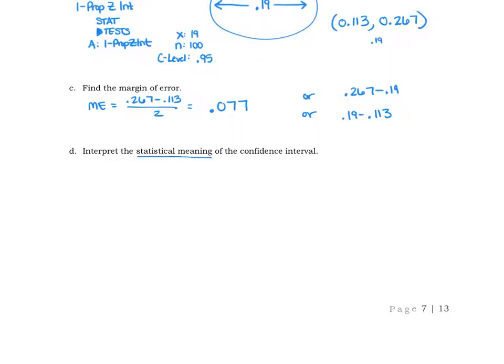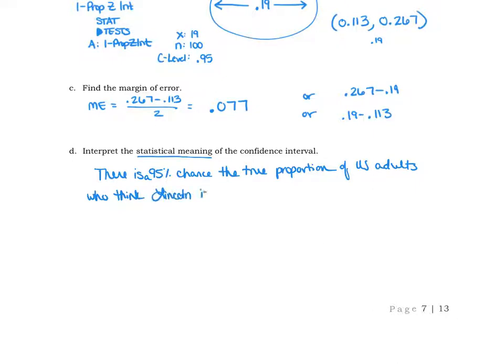All right, then the last thing: interpret the statistical meaning. Here's the fancy version. We did a 95% confidence interval, so there is a 95% chance the true proportion of U.S. adults who think Lincoln is the greatest president is between 0.113 and 0.267.